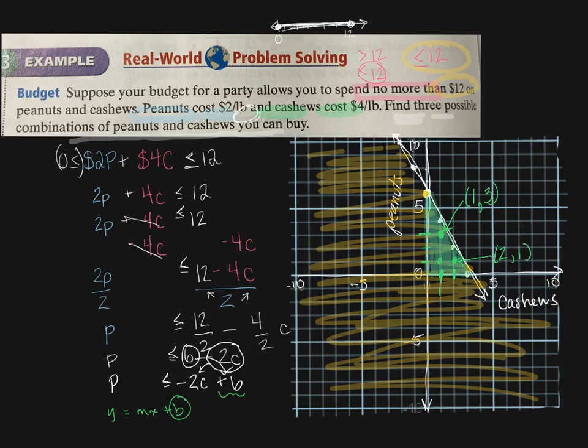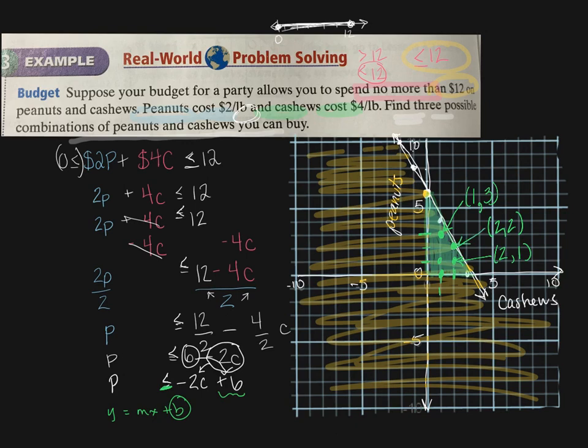Okay, let's come over here and let's look at 1 on the line. I can pick 1 on the line because it could be equal to. So let's check this guy. Is it possible I could have 2 bags and 2 bags? 2 cashews and 2 peanuts? Yes, it is. All of these are potential.